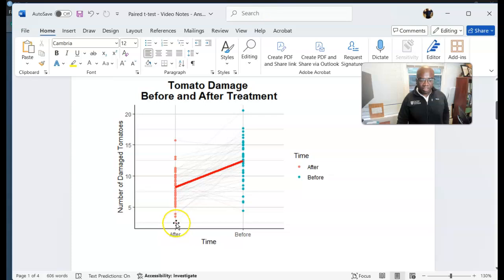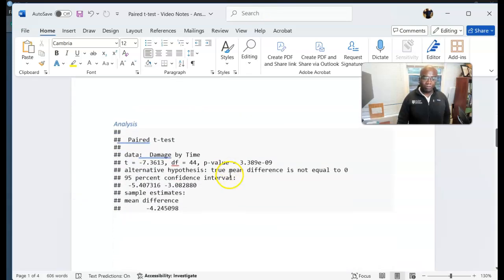So this is the number of damaged tomatoes after pest control, and this is the number of damaged tomatoes before pest control. This red-bordered line connects the mean of after to the mean of before. As you can see, there is a dip, it's decreasing. But is it by chance? Is it statistically significant in terms of this difference? We'll go ahead and look at the analysis to find out.